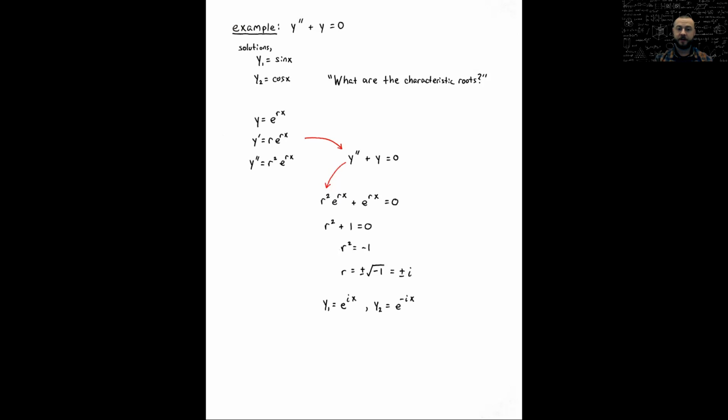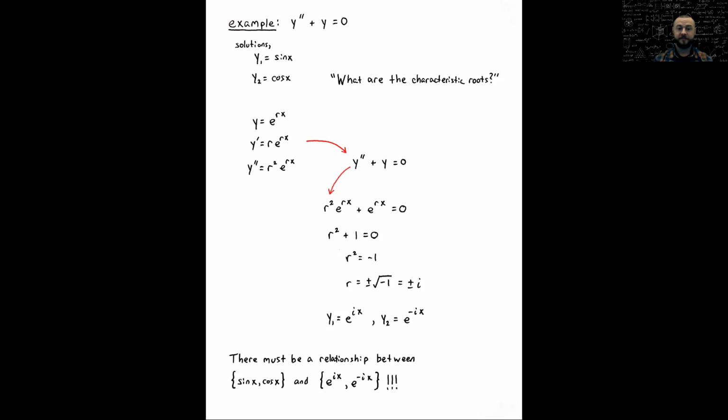What does that mean? Each value of r gives you an exponential function that's a solution. r1 is positive i, r2 is negative i. So we get our solutions y1 as e to the ix and y2 as e to the negative ix. Those are definitely not trig functions.